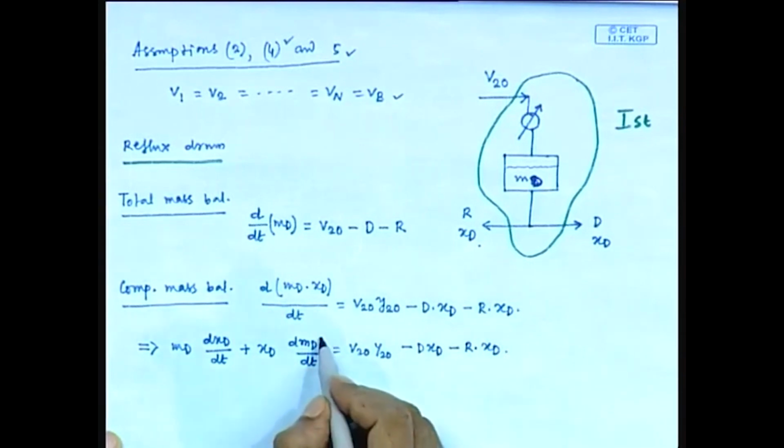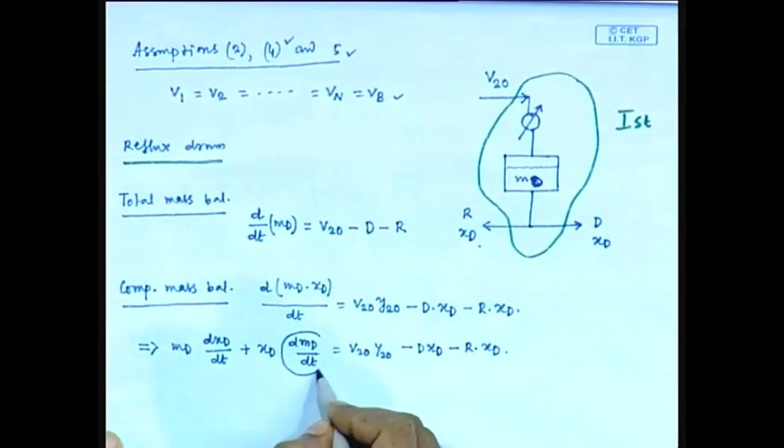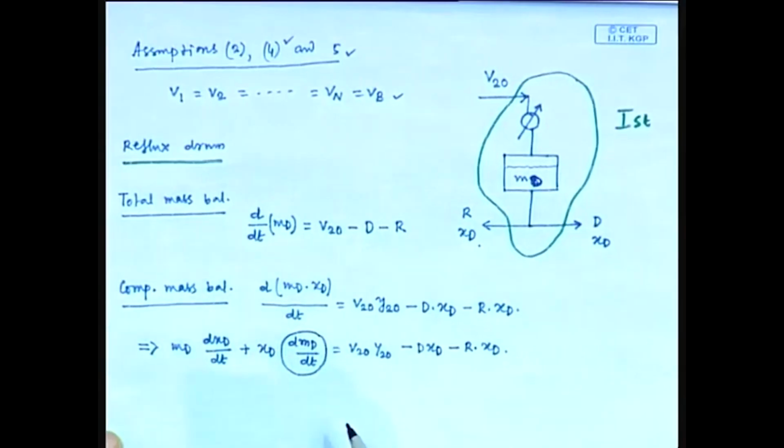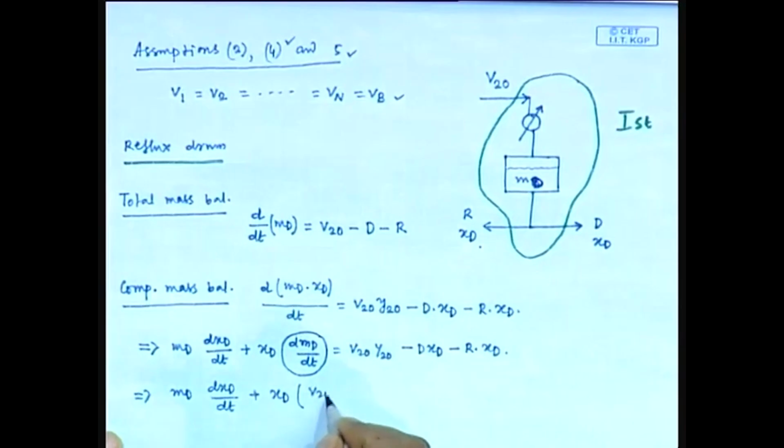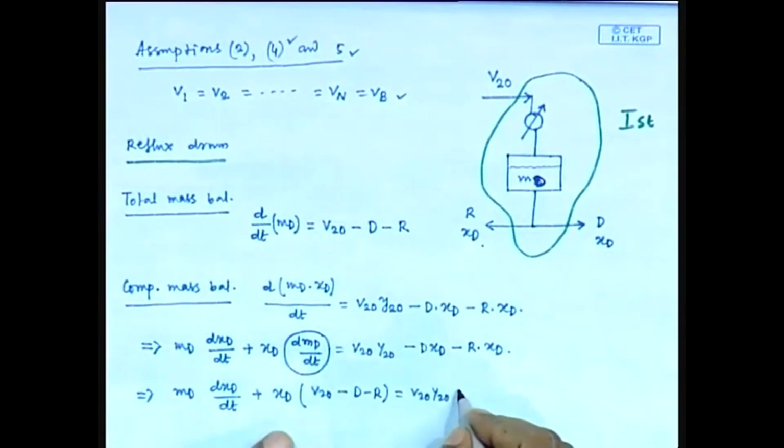We will substitute the dMd/dt term here. So, Md dxD/dt plus xD times dMd/dt, which is V20 minus D minus R, equals V20 Y20 minus D xD minus R xD.